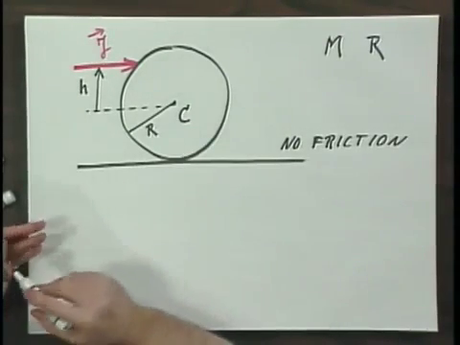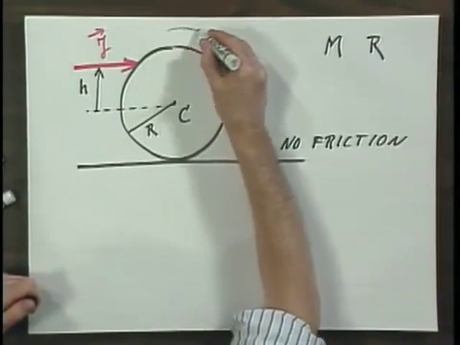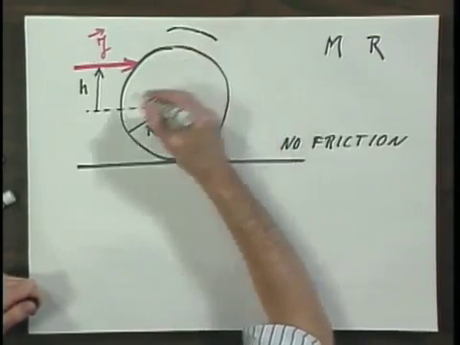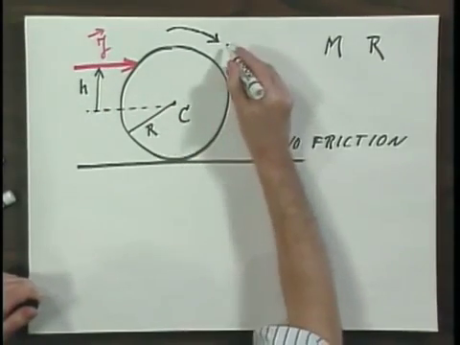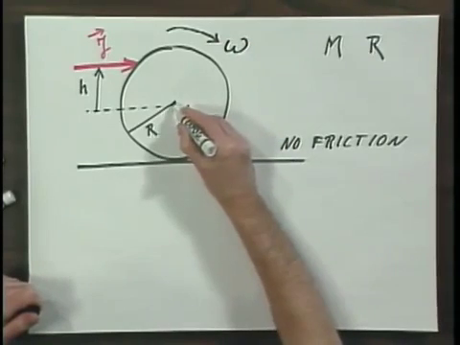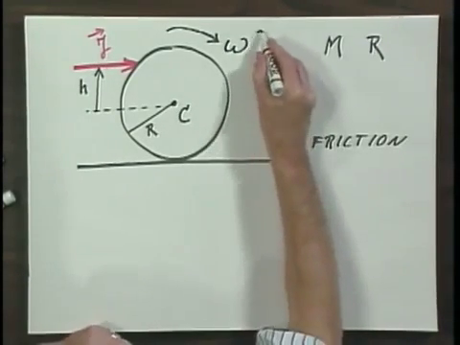The question now is, what is the angular velocity if you hit it above point C? It will start to rotate in this direction. The angular velocity omega, about the center of mass, C is the center of mass, what is that?